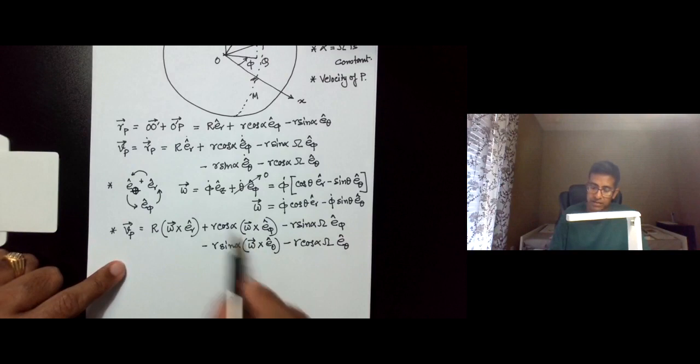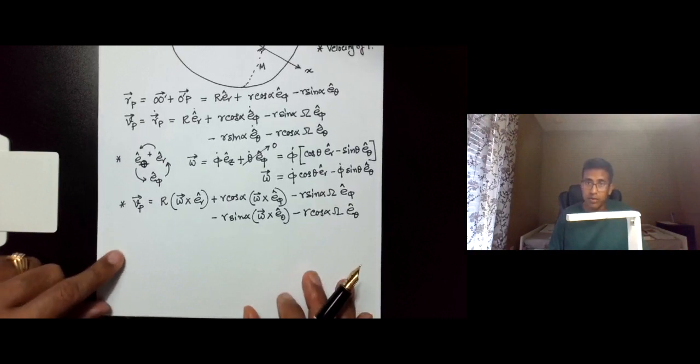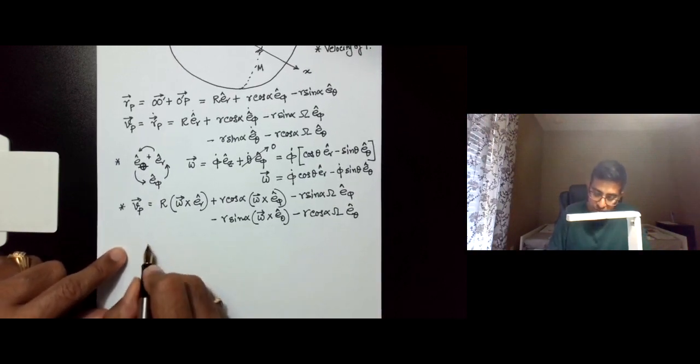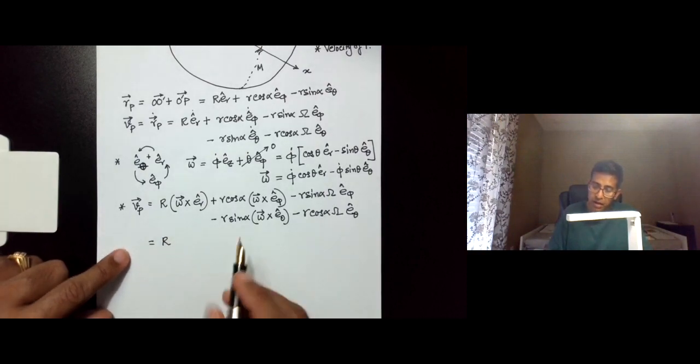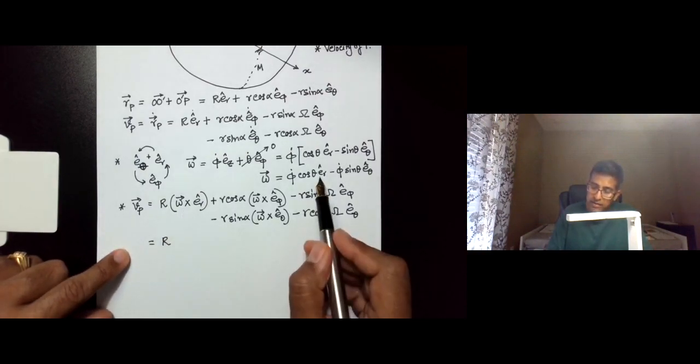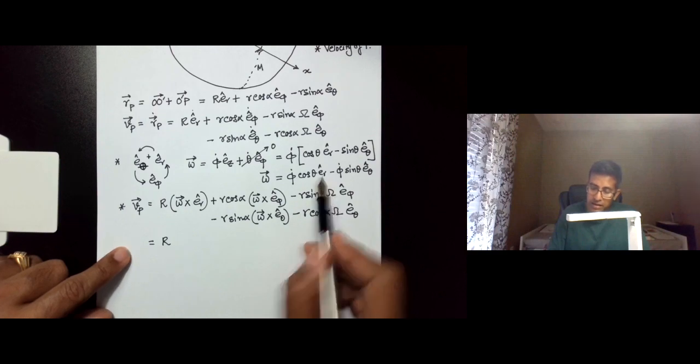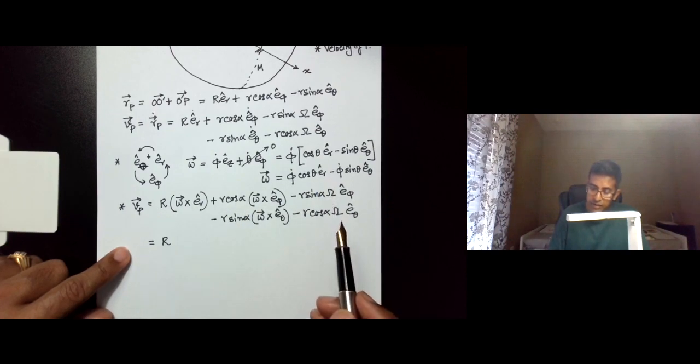And you see, this is the reason why we formulated the angular velocity vector, because we do need it in our differentiation of the position. So we first do omega cross ER. So omega has two components, ER and E theta. ER cross ER is going to be 0.